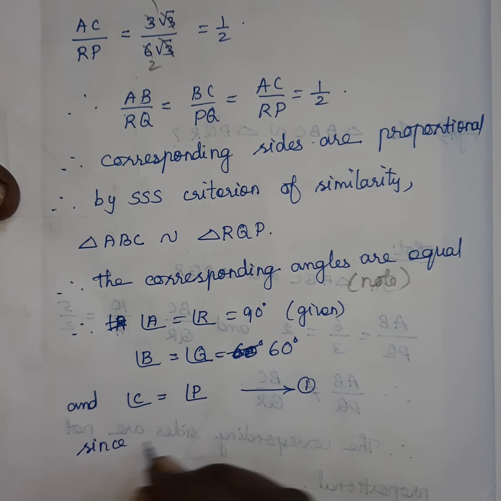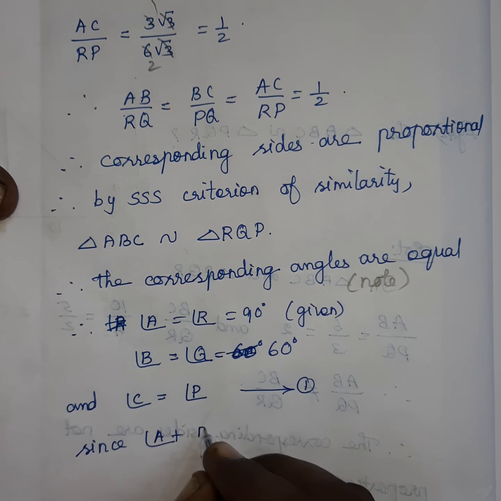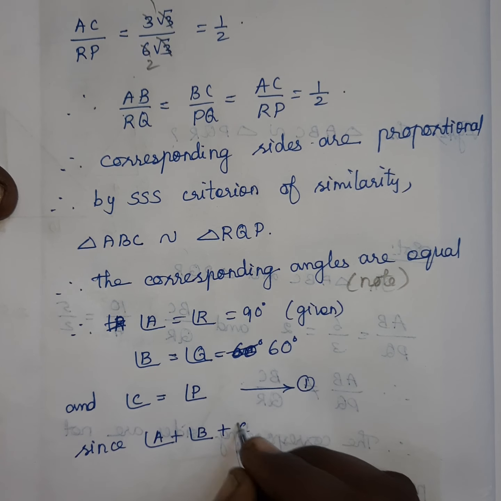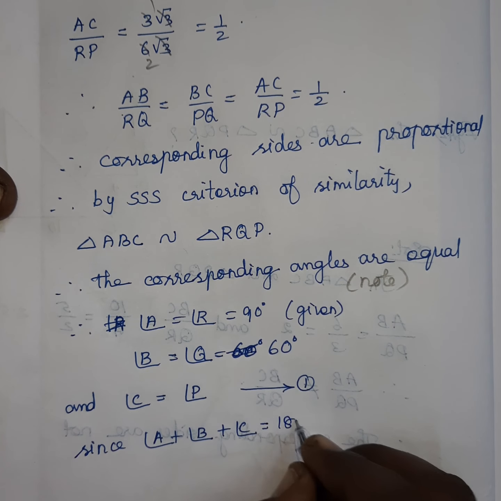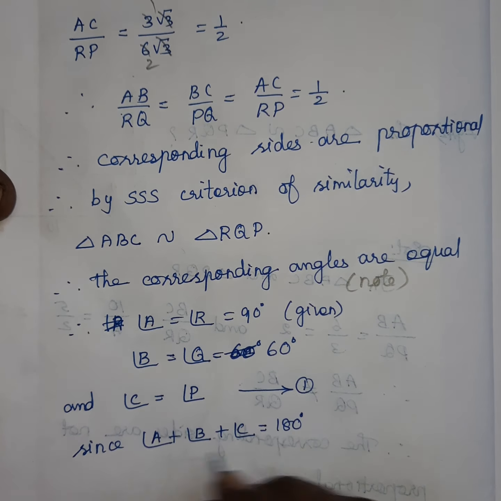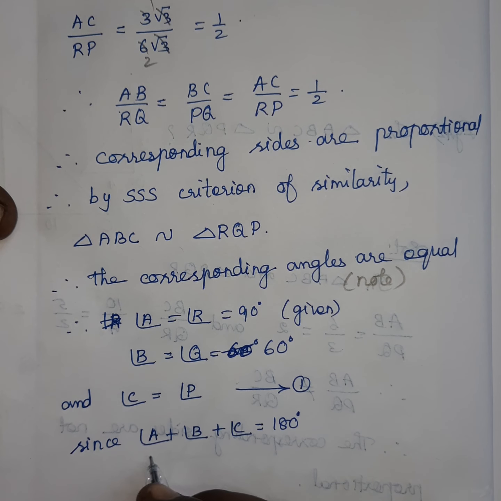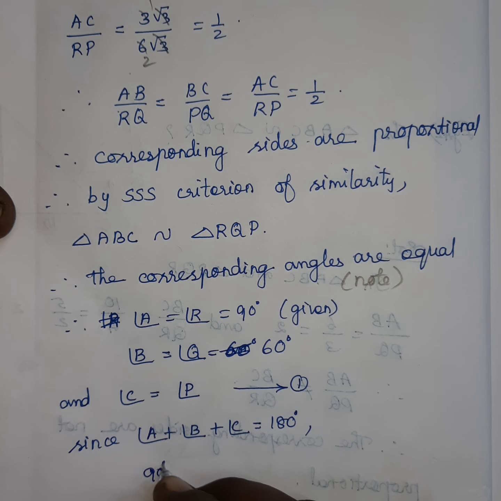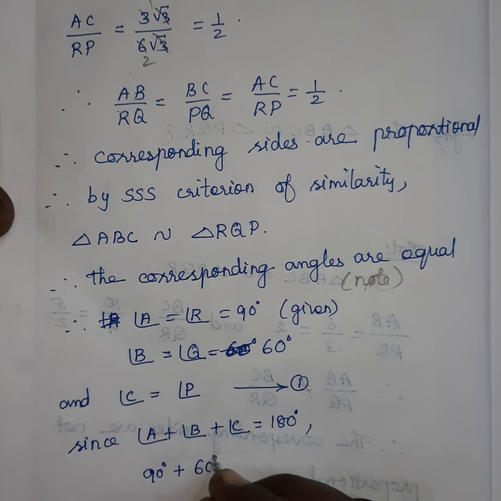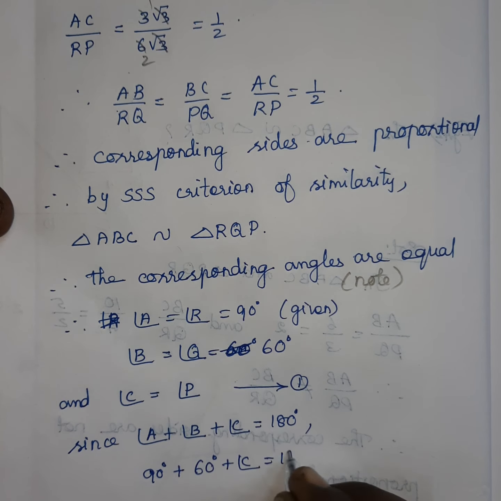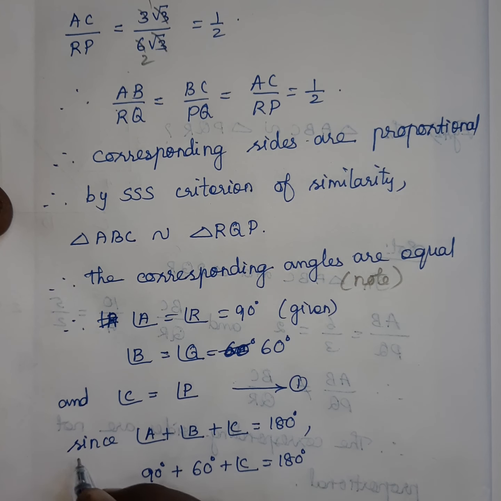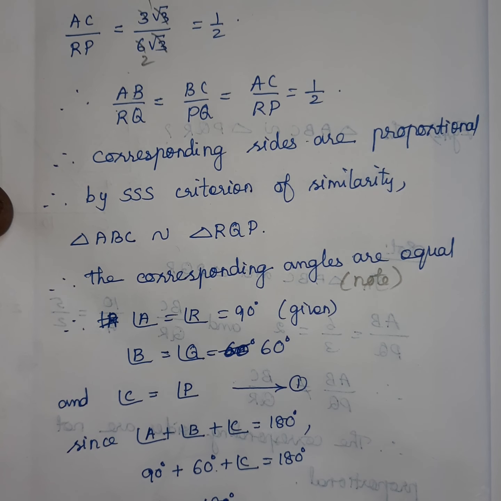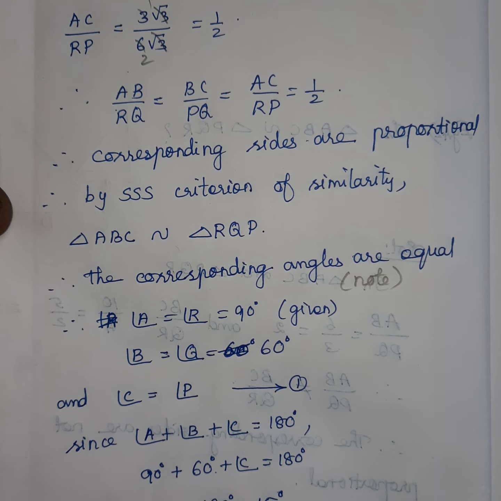Since angle A plus angle B plus angle C equal to 180 degree, this is 90 degree plus 60 degree plus angle C equal to 180 degree, which implies 90 plus 60 is 150, angle C is equal to 180 degree minus 150 degree.